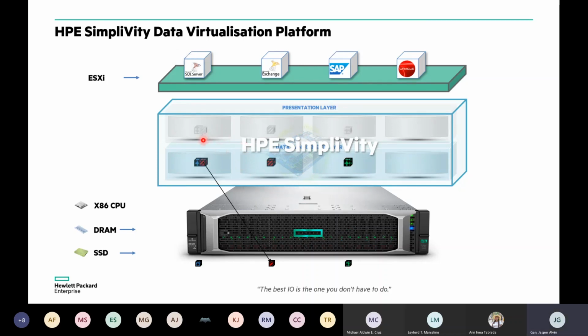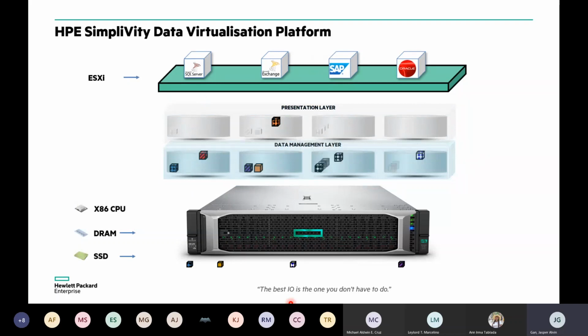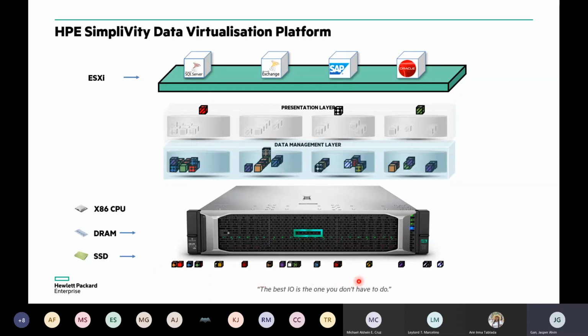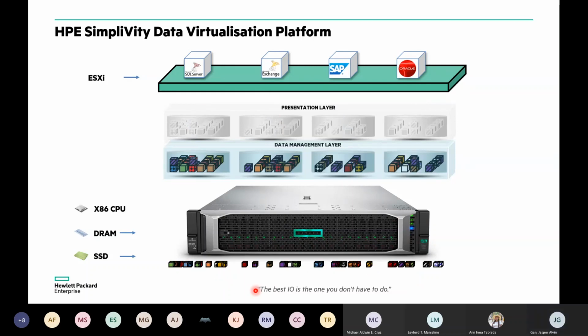But what happens if it sees a duplicate block of data? When it sees a duplicate block of data, it just puts a pointer to the block of data that was already written. So, in effect, lots of data is being written by our virtual machines, but what gets written to the hard disk of the server or of the appliance is only the unique blocks of data. So the advantage of this is we reduce the unnecessary I/O of those traditional infrastructures.